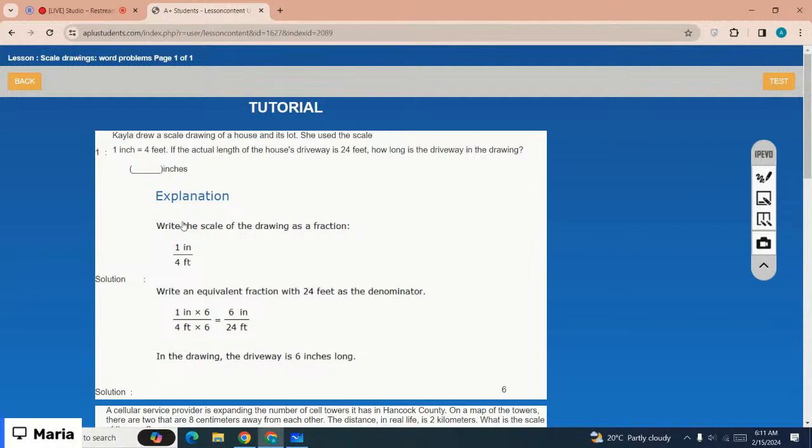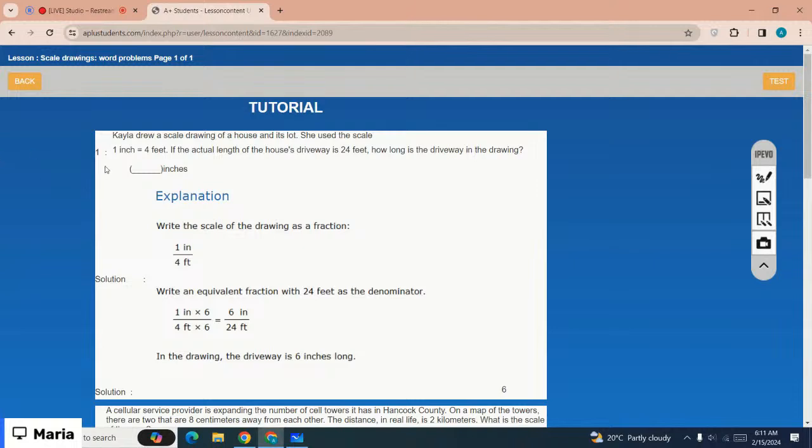You have to calculate the length of the driveway in the drawing, right? So how do you calculate? Basically, you need to form a proportion.